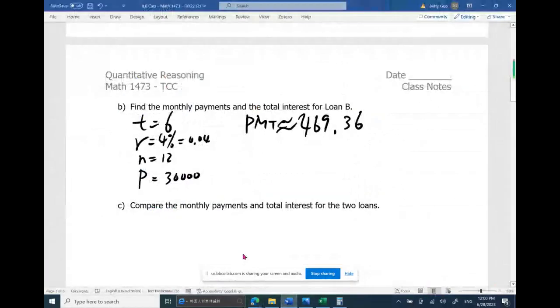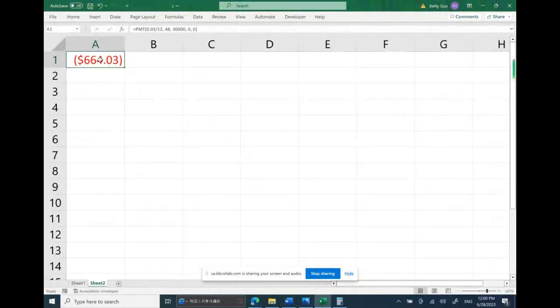Okay? And if we use the Excel from earlier, we can just fix a few numbers. Change this to 4% and change this to 72. Everything stays the same. Is that the same value? $469.36, right?